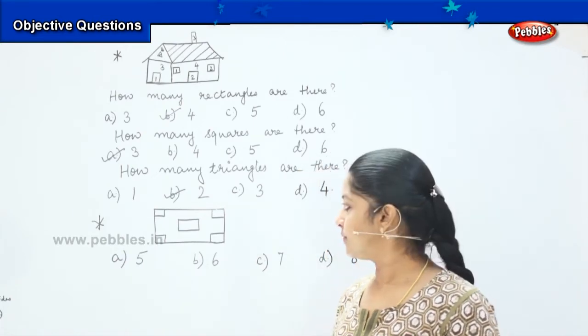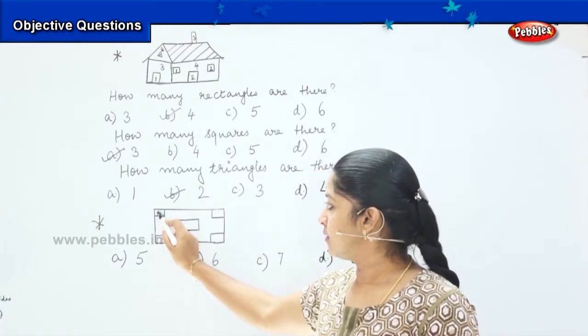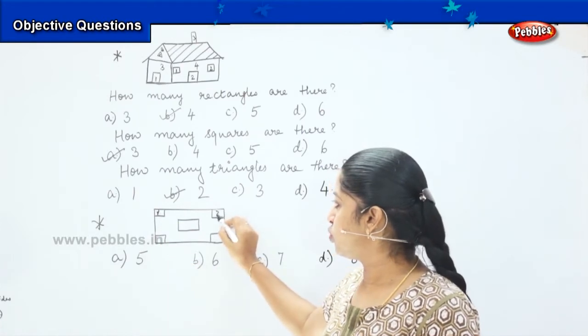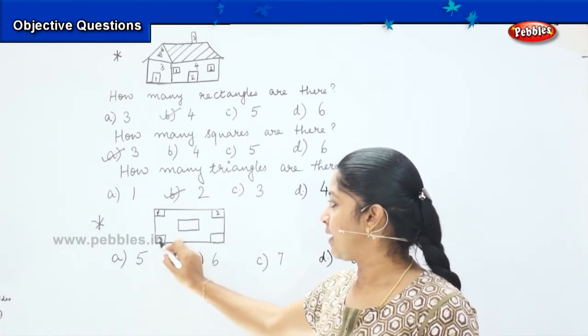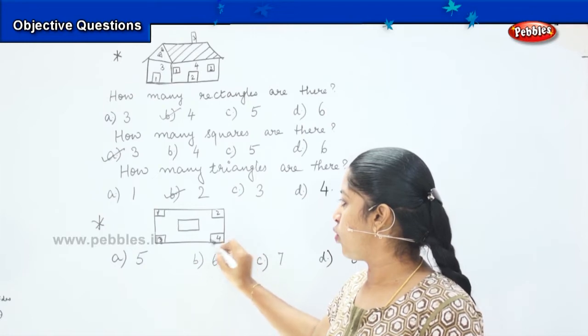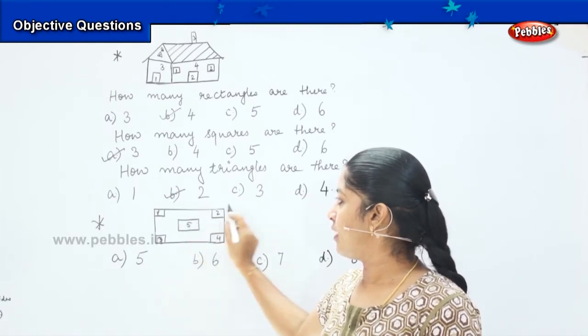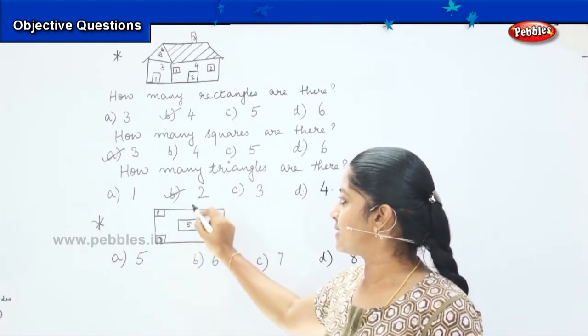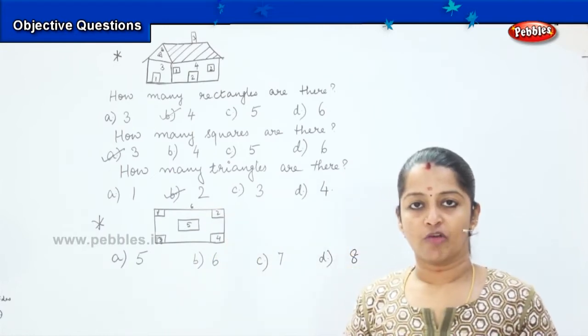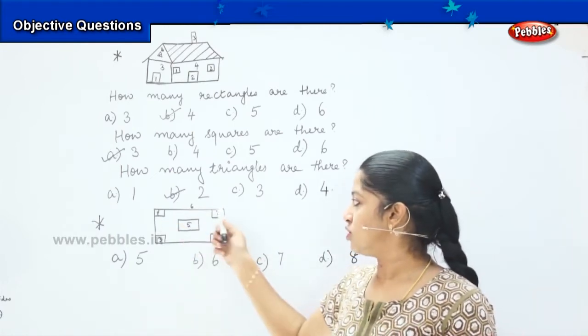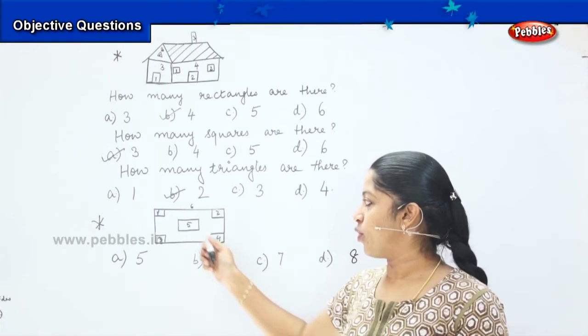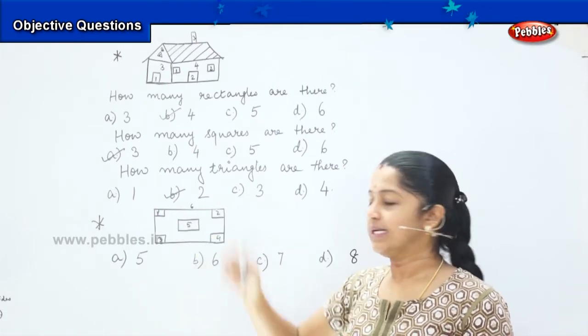Shall we count? 1, 2, 3, 4, 5, and the bigger one, 6. So how many are there? 1, 2, 3, 4, 5, and the bigger one, 6.